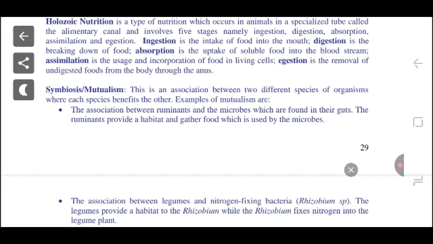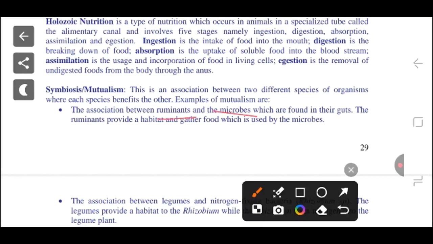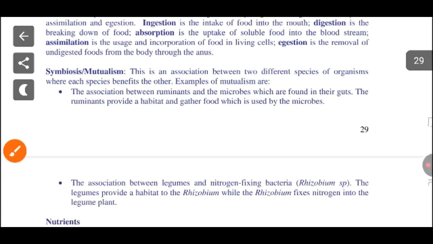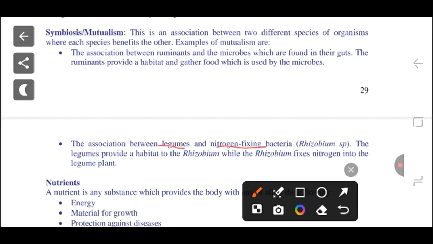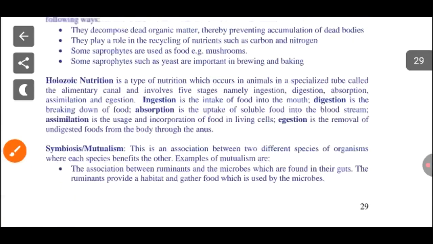Examples are ruminants and the microbes which are found in the guts, which have their habitats and the foods gathered, as well as the legumes and the nitrogen fixing bacteria, which go hand in hand for the fixing of nitrogen into the plant and providing of a habitat for the nitrogen fixing bacteria.